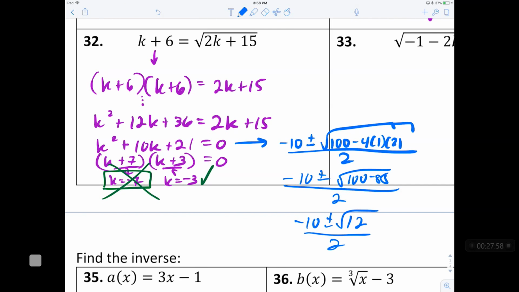Alright, let's figure out where this is not quite working out how I was hoping it would. -10 plus or minus 100 minus times 1.